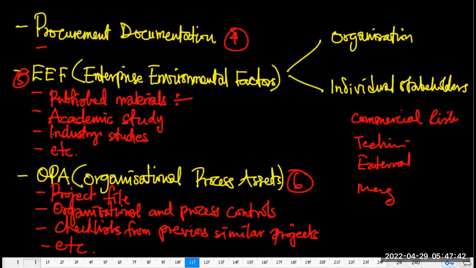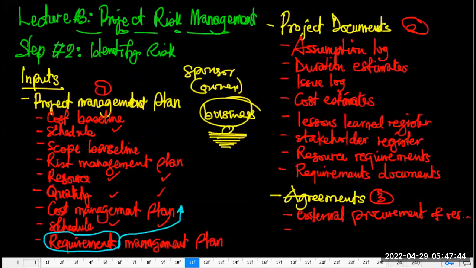Some of these project documents include, but are not limited to, assumption log, duration estimates, issue logs, cost estimate, lessons learned register, right? So at this stage, you might update some of these documents and discard the old one. Maybe not all of them, but just some.